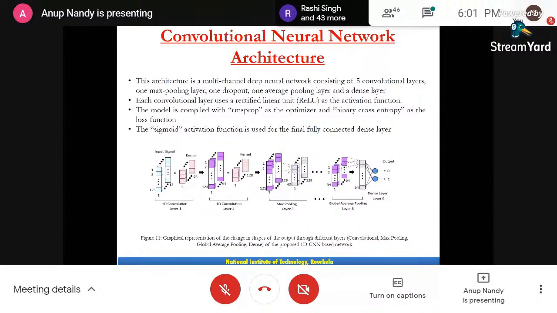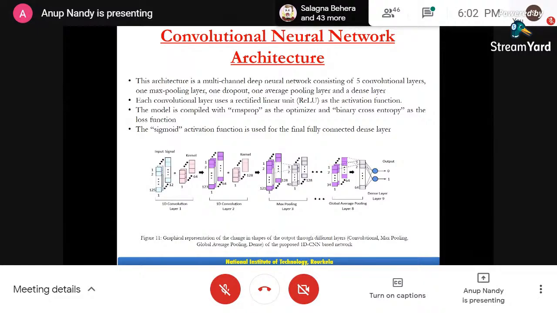Each convolution layer uses a rectified linear unit (ReLU) activation function, and it is compiled with RMSprop as the optimizer and binary cross entropy as the loss function. We are using the sigmoid function for the fully connected dense layer.